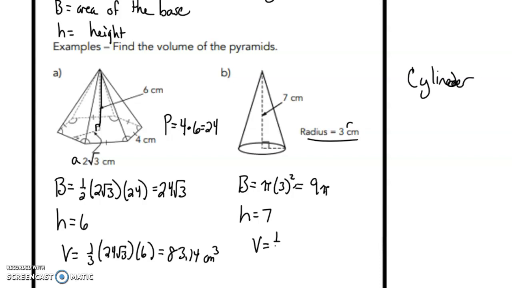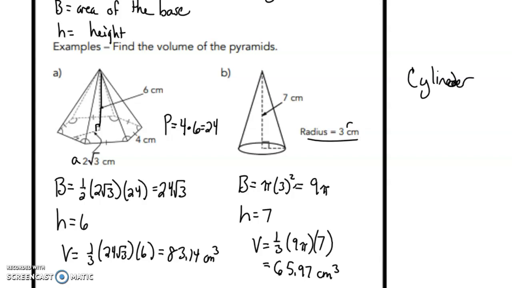So the volume equals 1/3 the area of the base times the height. Once again, typing that in our calculator, we end up with 65.97, and we are in centimeters, and it's cubed because it's volume.